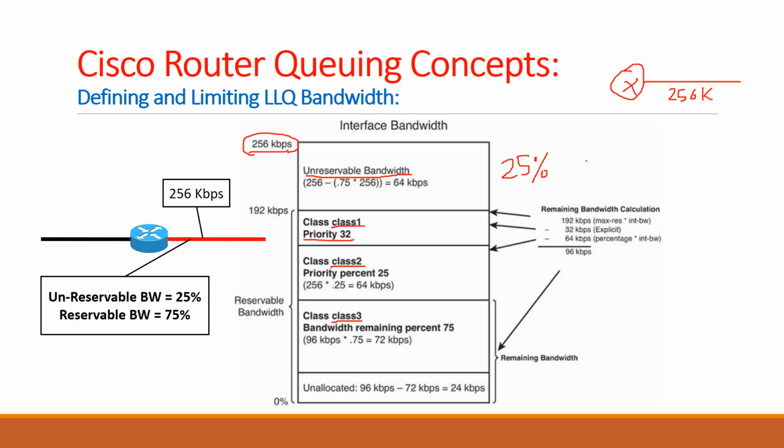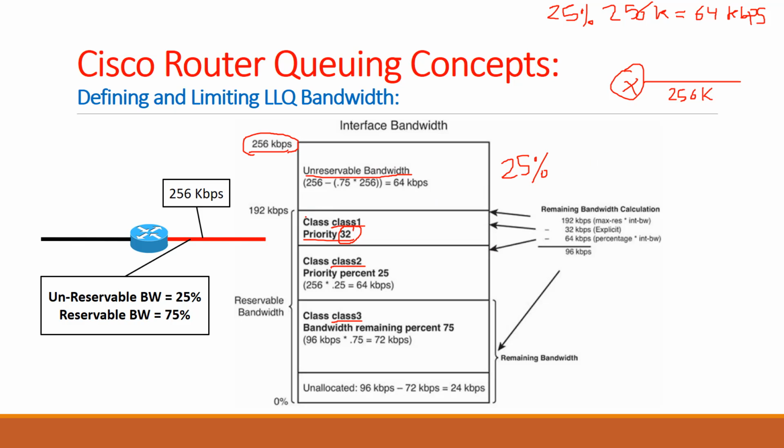If you calculate 25% of the 256K, the end result will be 64 kilobit per second. This is unreservable bandwidth. So the first priority command reserves 32 kilobit per second.